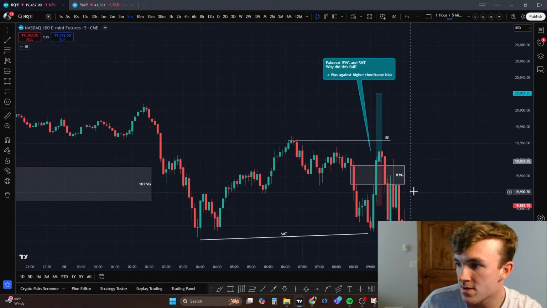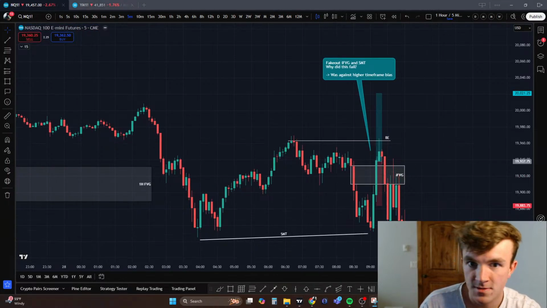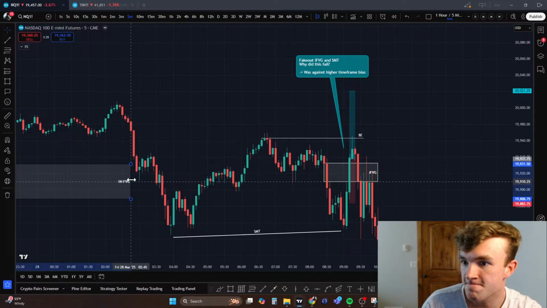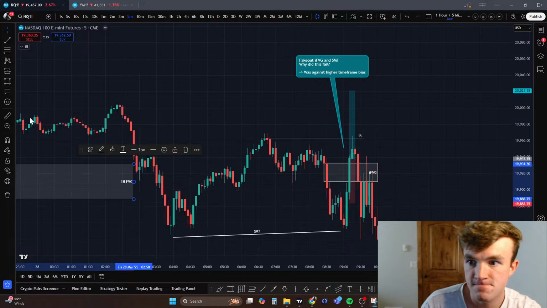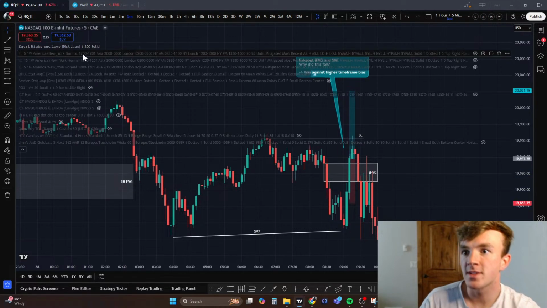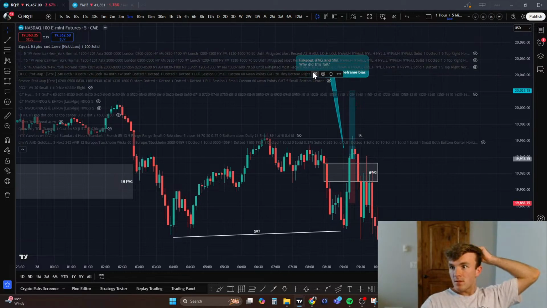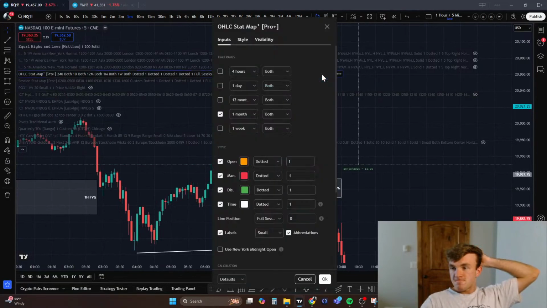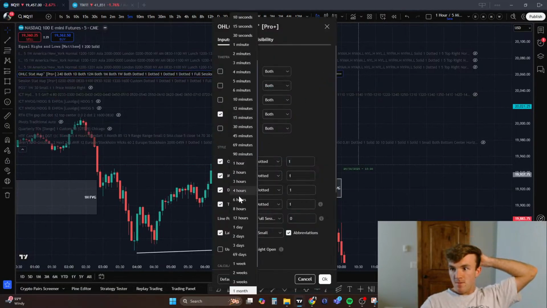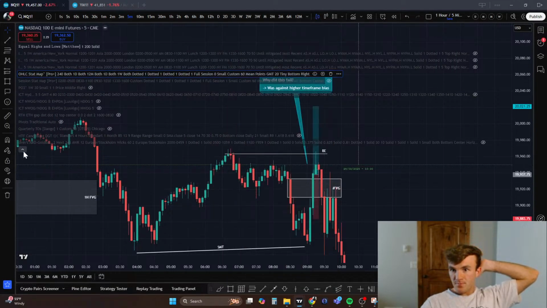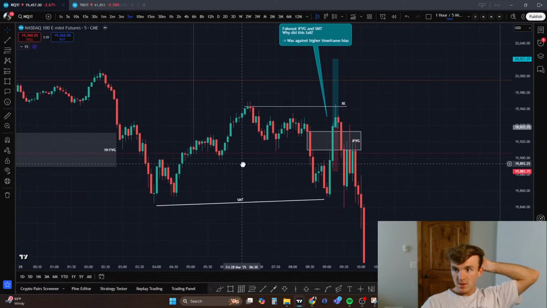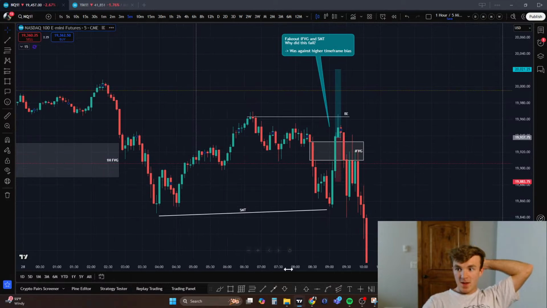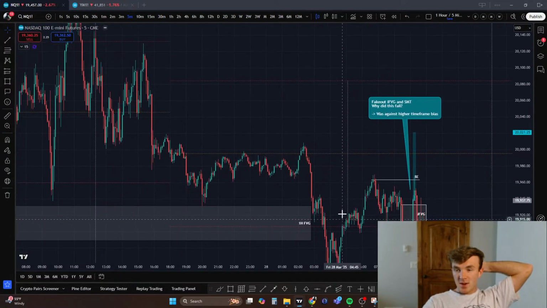So it's so important to have a higher time frame. We're just going to screenshot this real quick. And let's look at stat map. Yeah, so we were at the daily manipulation level too, so it really probably looked like we were going to pump here.